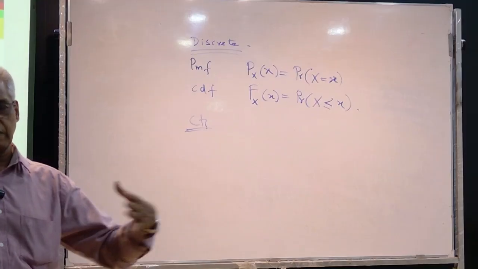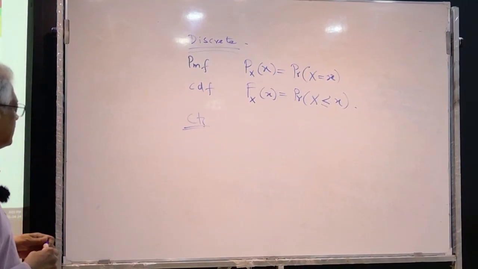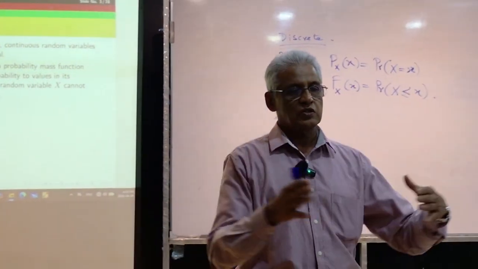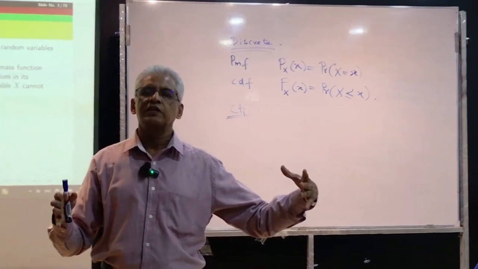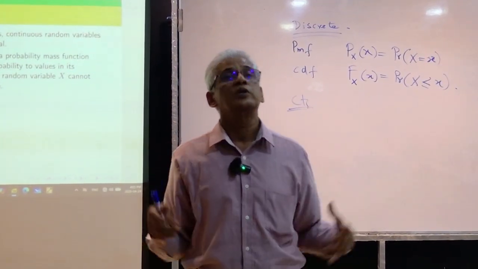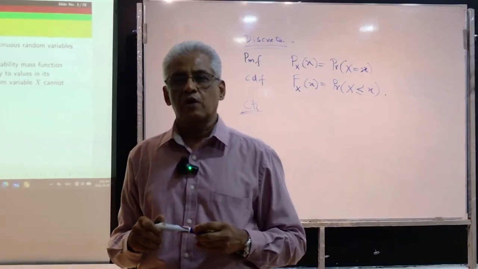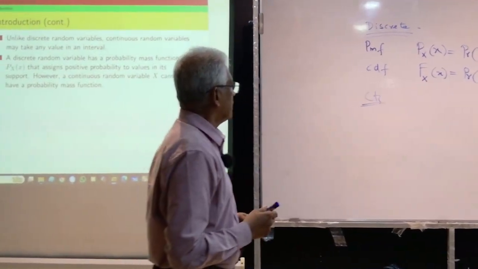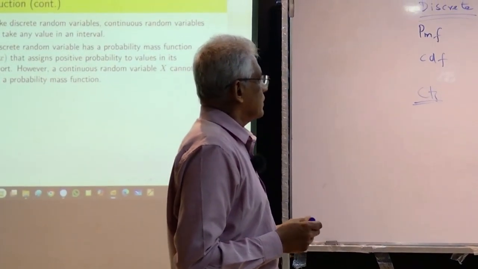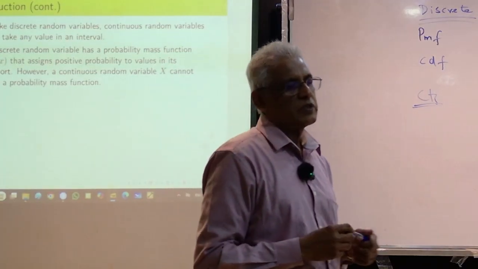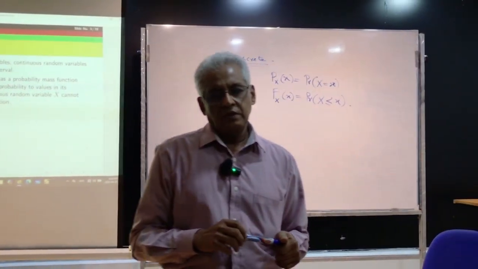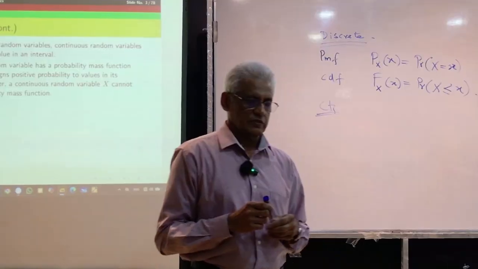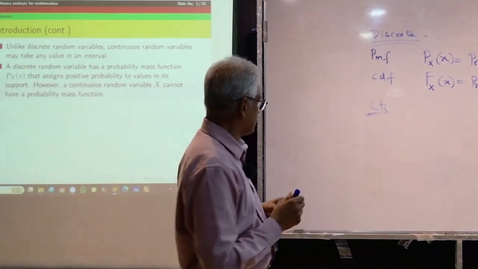So x can take some discrete set of values only. But for a continuous random variable, as I mentioned, it takes all the possible values in a given interval. Therefore, that set is not countable. It's infinite, uncountable. So there should be some continuous function for the continuous random variables. You cannot have a probability mass function.